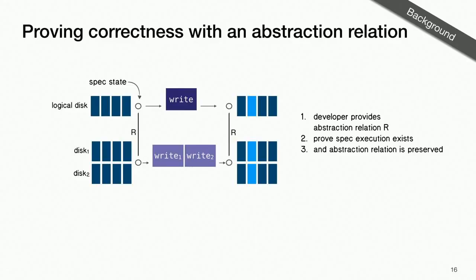So in this case, the replication system maintains this invariant that the 2 disks are equal. Then the developer proves that for every execution of the code, there's a corresponding execution of the specification that preserves the abstraction relation. And that lets you run more pieces of code after this operation. And to get the full trace inclusion property, the developer just needs to prove this for every operation in the system. OK, so that's all the background I have on refinement.